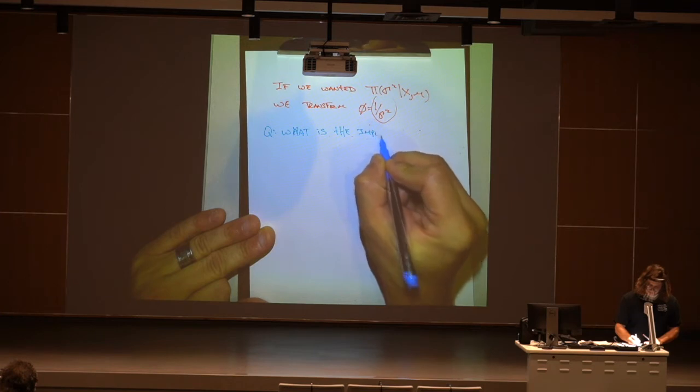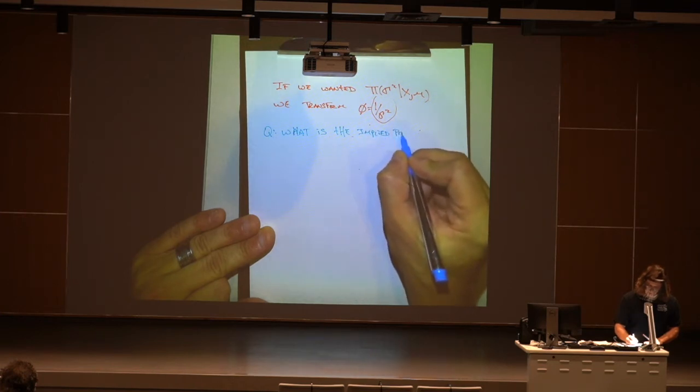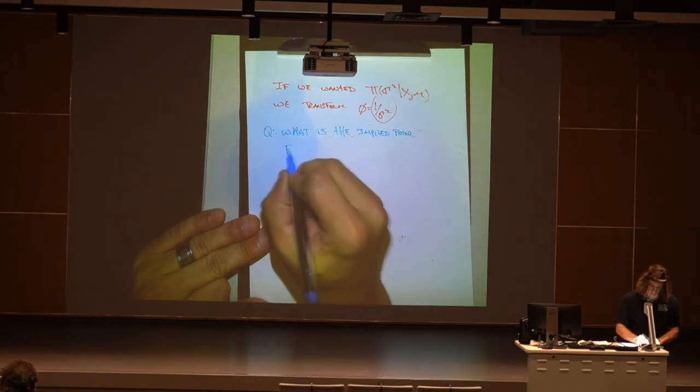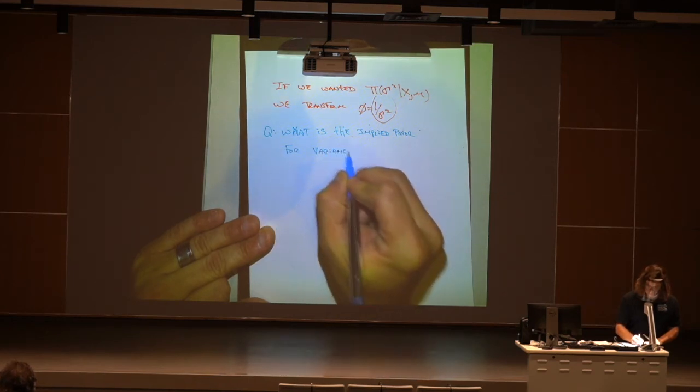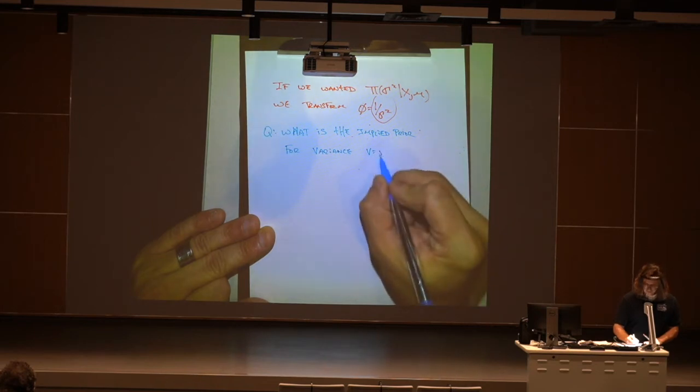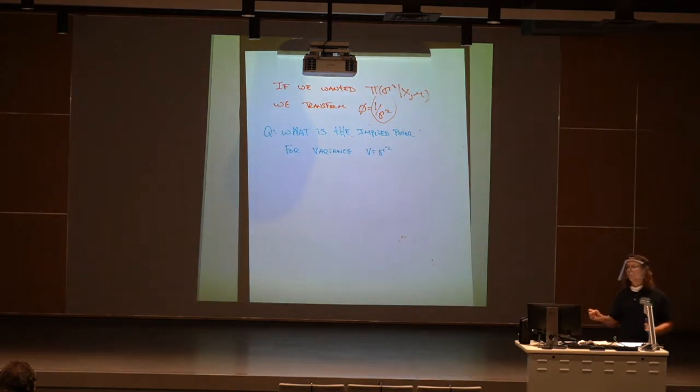So what is the implied prior for the variance? I'm going to call it V. You'll see why.